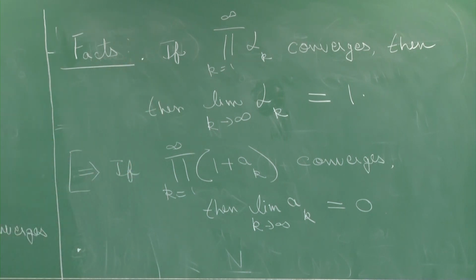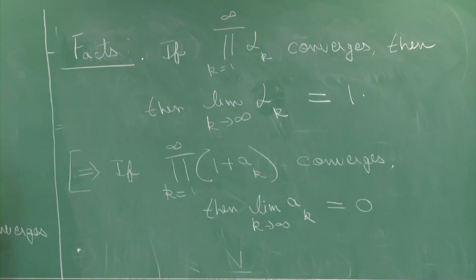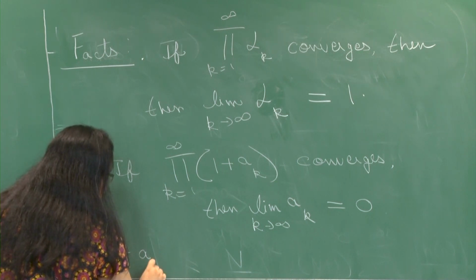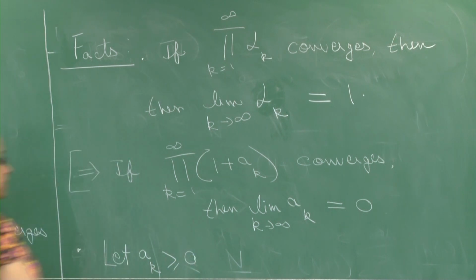The next one is, in particular, if you have a sequence of non-negative real numbers and you are talking about their infinite products, then suppose a sub k is greater than or equal to 0 for every k.